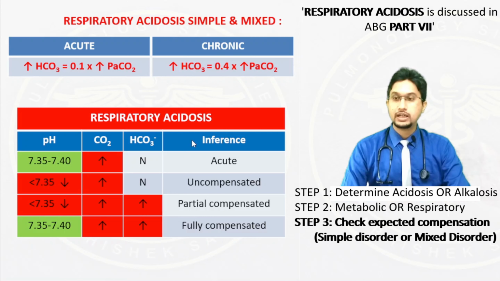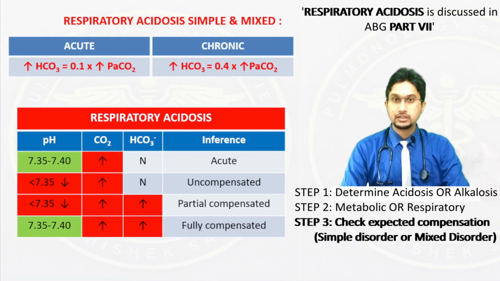So again, when we have such a disorder, our task is to identify whether it is a simple disorder or a mixed acid-base imbalance. When we have an isolated elevation of carbon dioxide with normal bicarbonate, this is suggestive of a respiratory component, and it is a simple respiratory acidosis. We will have to think about either a simple or a mixed disorder when even bicarbonate is elevated.